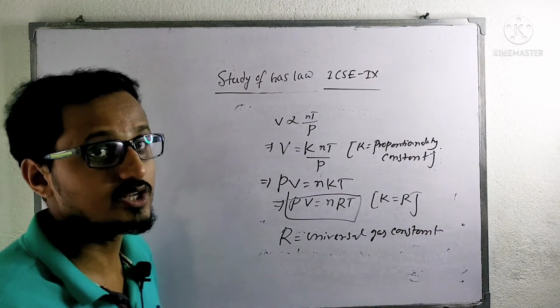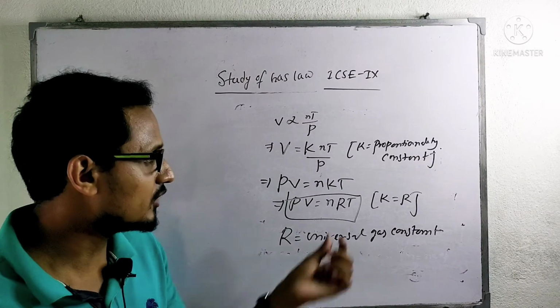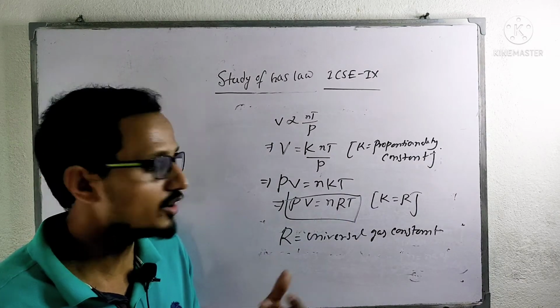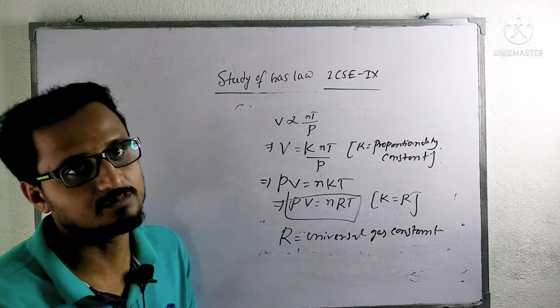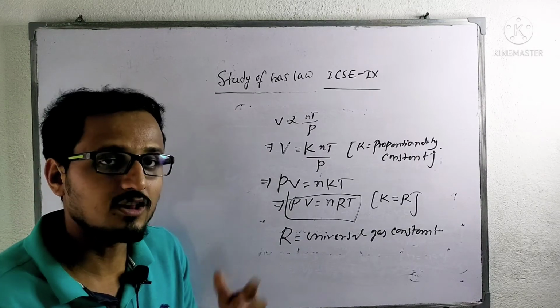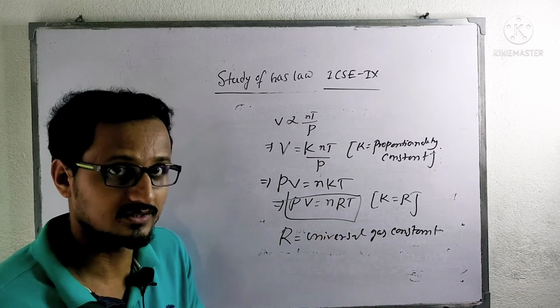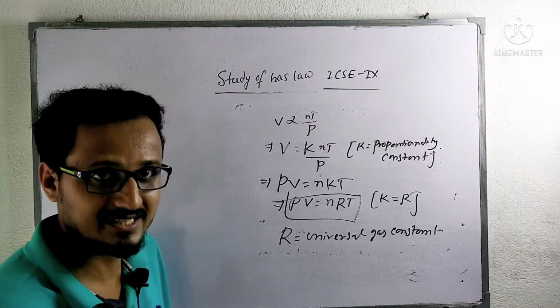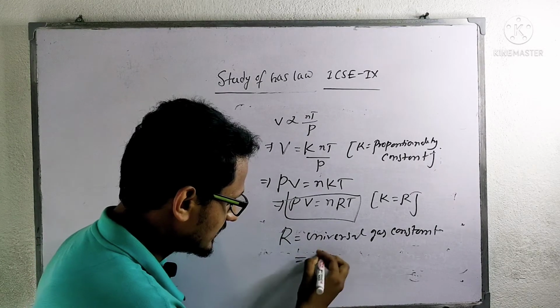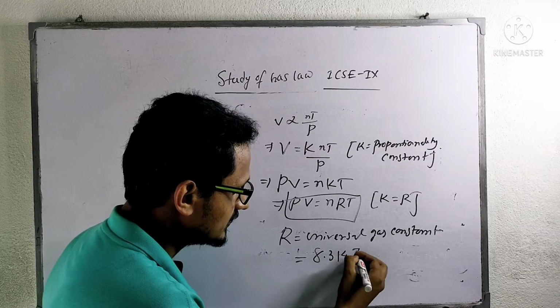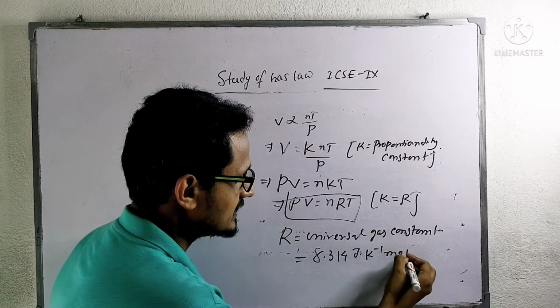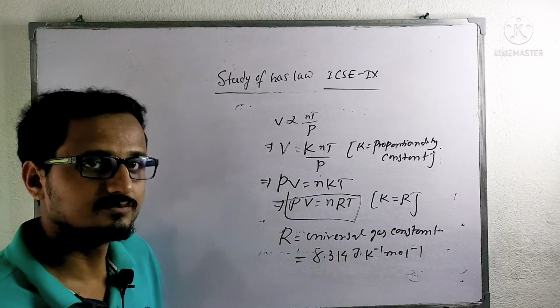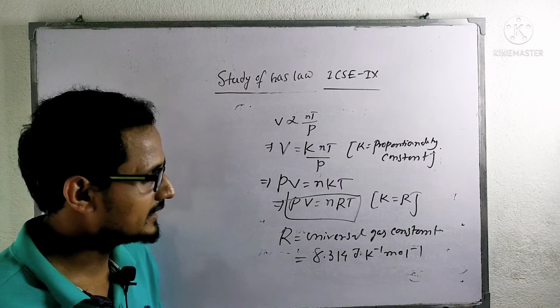Why is it called the universal gas constant? Because the value of R does not depend upon the nature of the gas. For all the gases the value of R is the same. Its value is 8.314 joule Kelvin inverse mole inverse in joules.